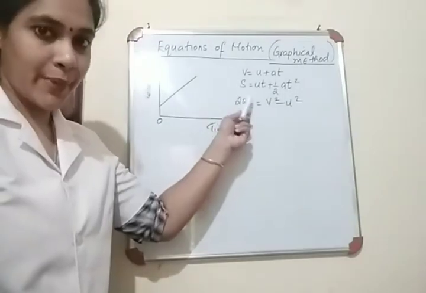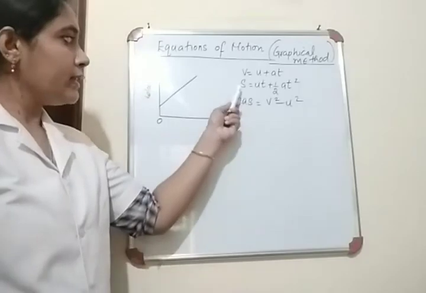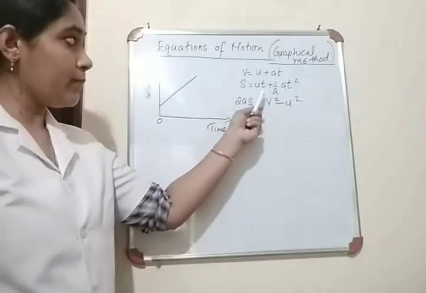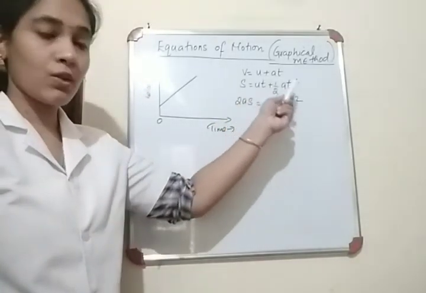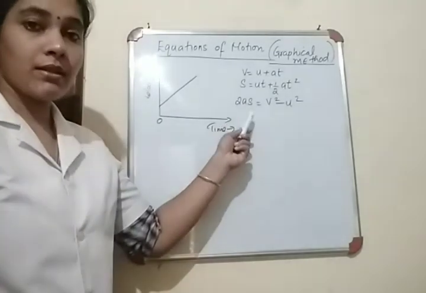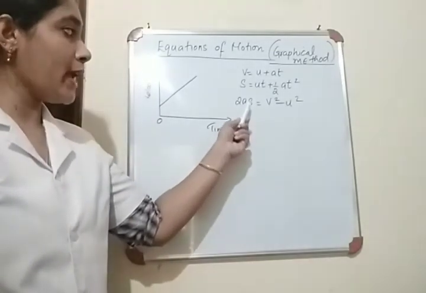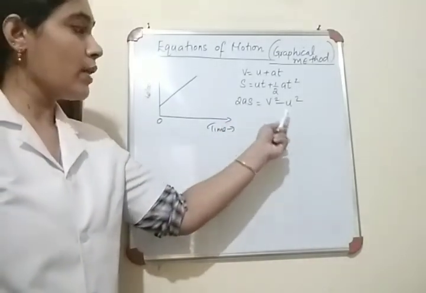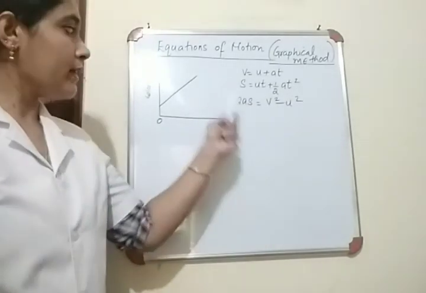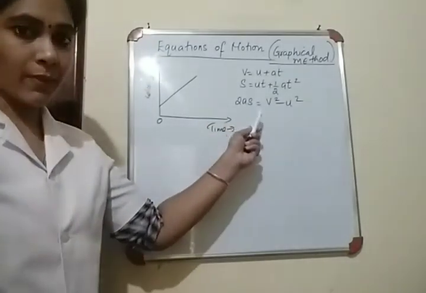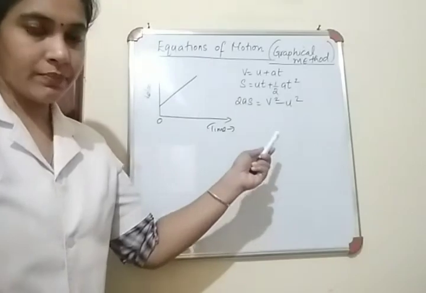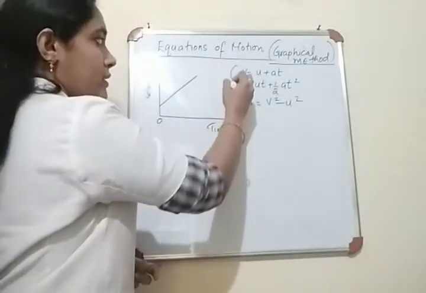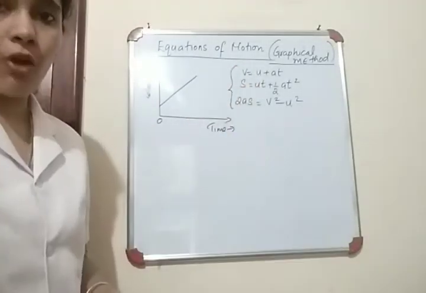It is not the speed, it is displacement. s = ut + ½at². And next, the third equation of motion is 2as = v² − u². Again, this s is displacement, it's not the speed. So these are the three sets of equations of motion.